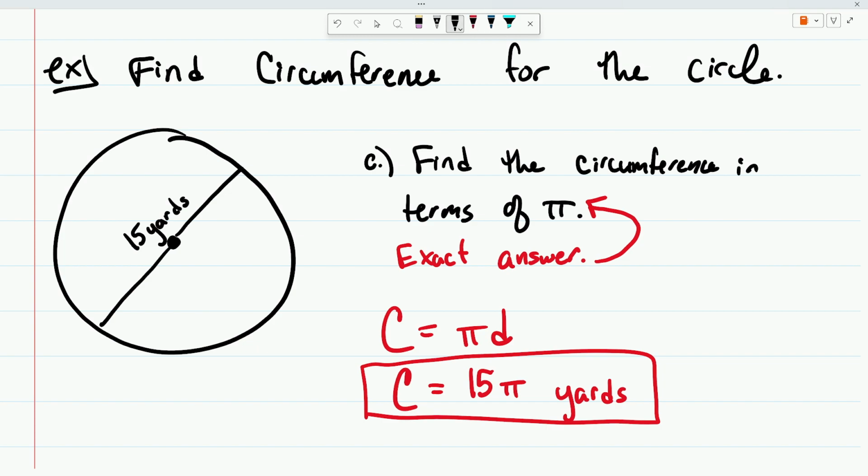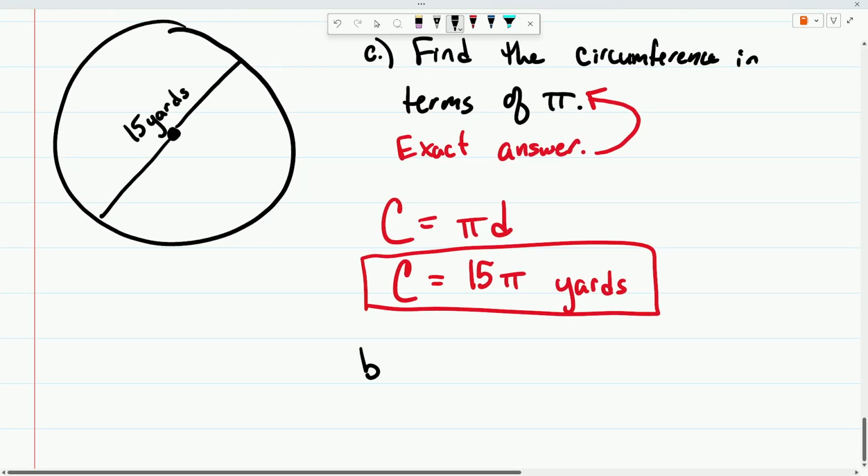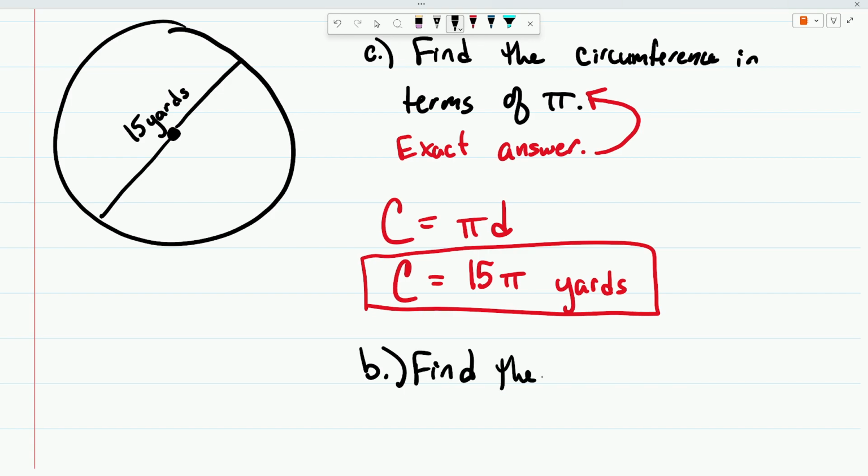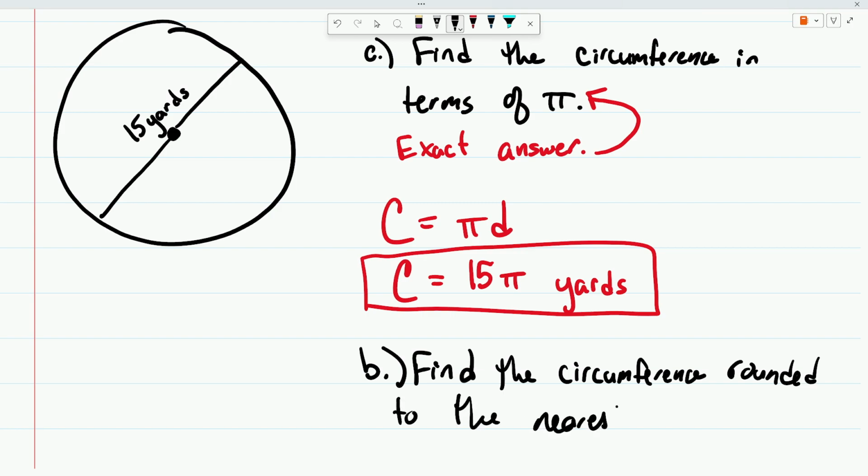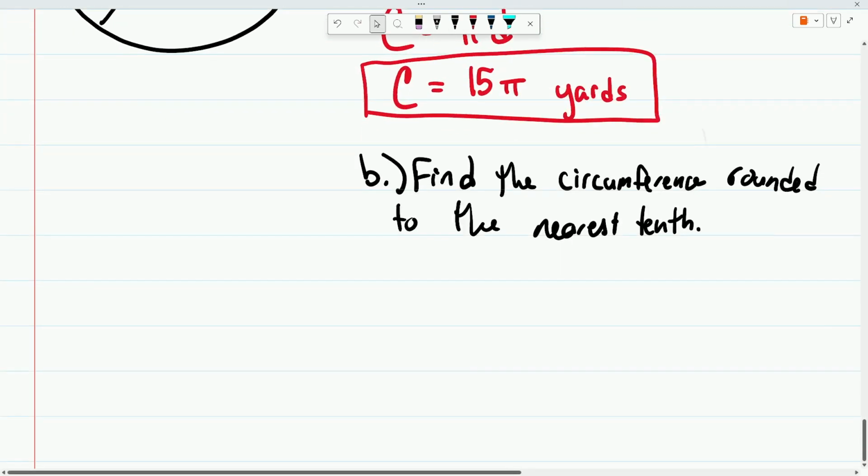Now, the second response is going to be, find the circumference rounded to the nearest tenth. All right?